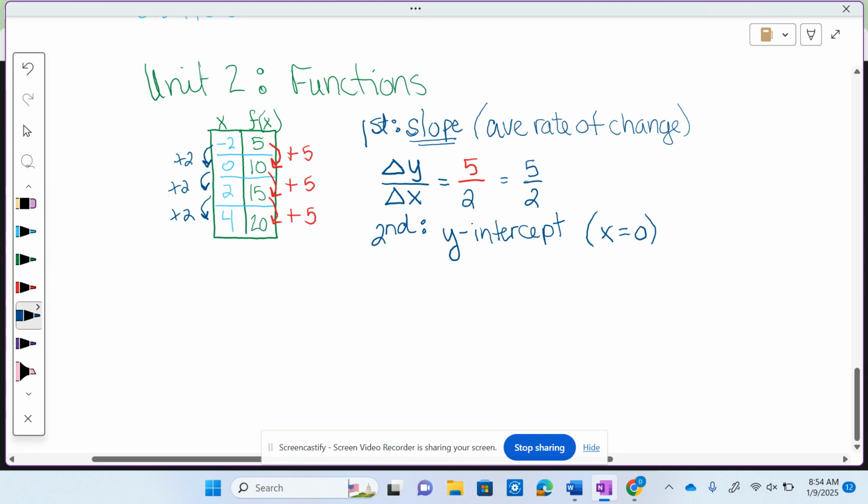Your y-intercept happens when x equals 0. And lastly, you write the equation y equals m times x plus b, or f of x equals m times x plus b.